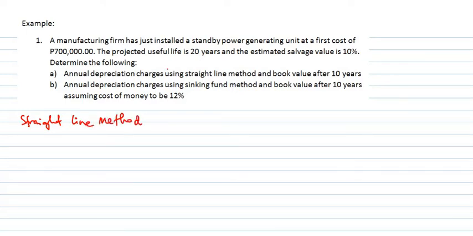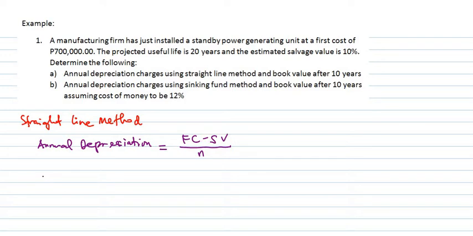In our discussion about the straight line method, we usually solve annual depreciation. Okay, so this is annual depreciation. That is equivalent to the first cost minus the salvage value all over N, or the economic life. So FC stands for the first cost, and then SV stands for the salvage value.